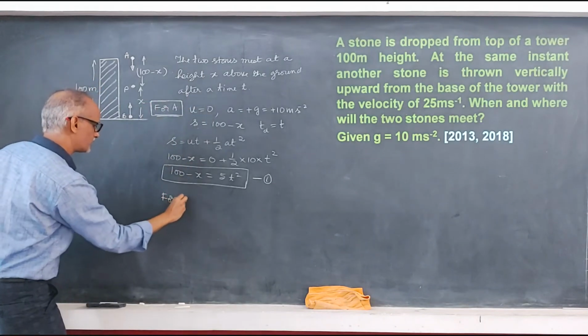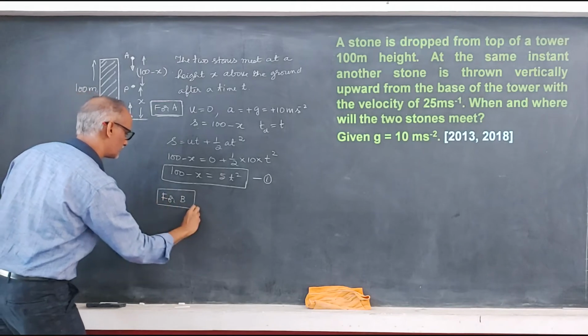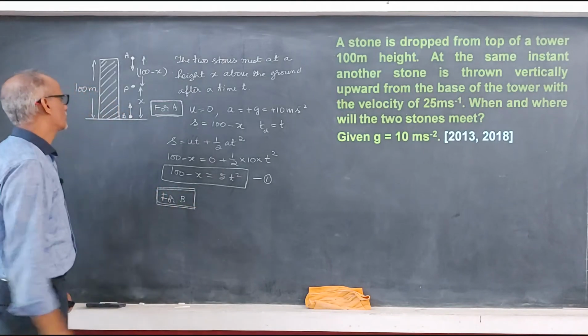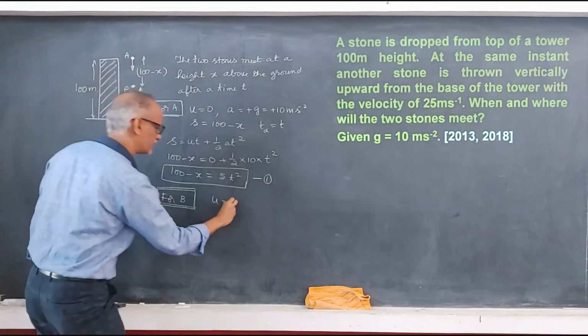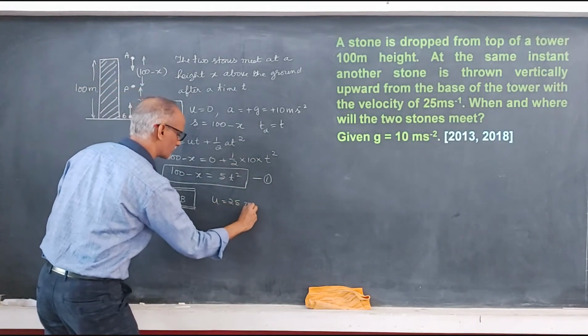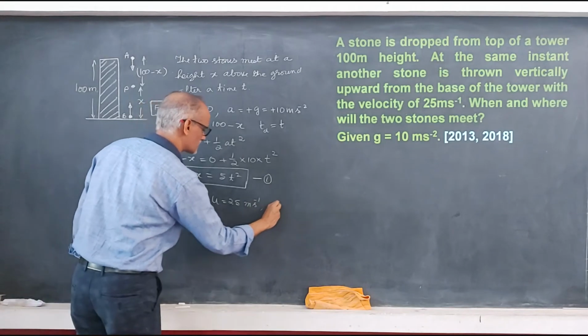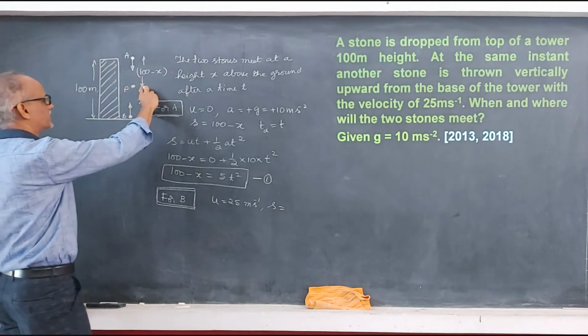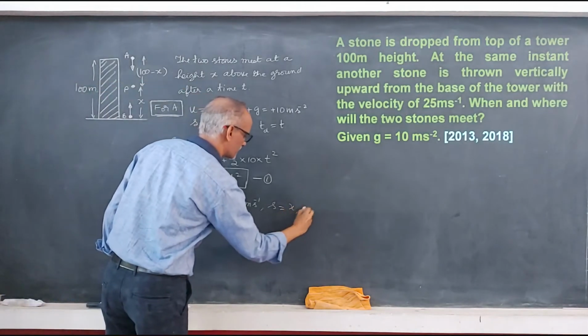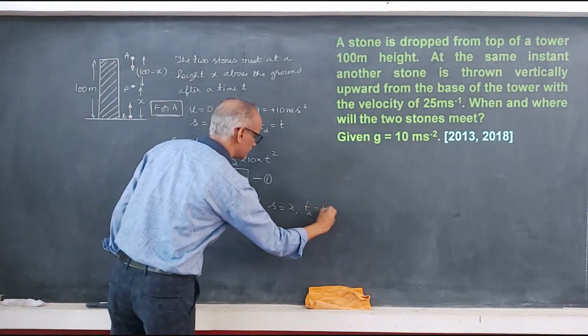For the stone B, which is thrown upward with an initial velocity given 25 meter per second. What is the distance covered by it as it is thrown upward? When they meet, it covers the distance x in time t.